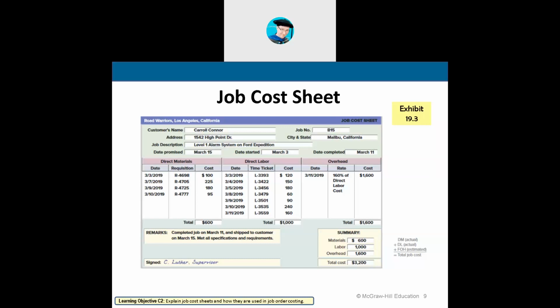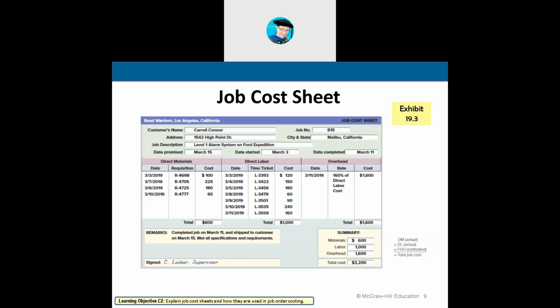Yeah. The job order cost sheet has things like the customer's information, the job order number, the date that we promised it, the date we started it, and the date we completed it. It tracks all of the individual materials we used, all the direct labor we used, and the factory overhead.